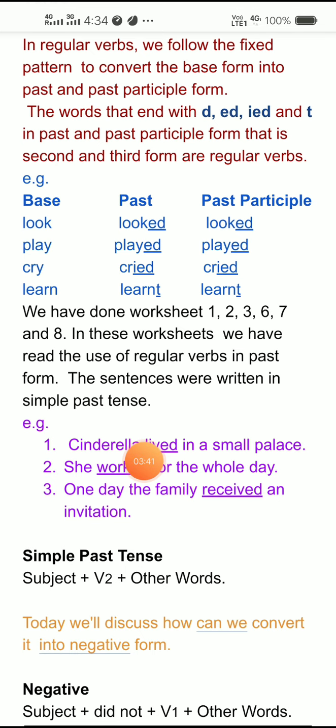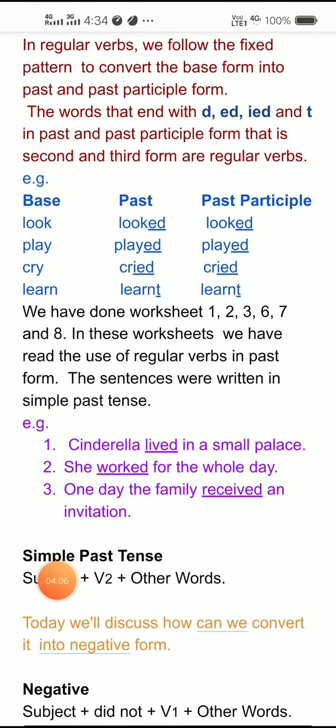Here you can see, we have not used any helping verb or has, have, had to make it perfect tense. So, Cinderella lived in a small palace. After Cinderella, or after the subject, it is the verb. So, these are past tenses because the second form of verb is used here.